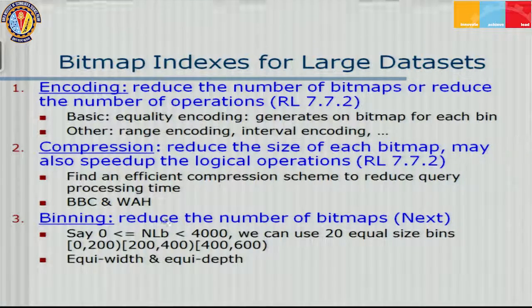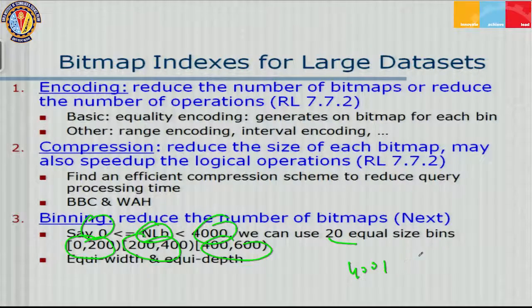Suppose there is an attribute NLB and it has values from 0 to 4000. Instead of creating a bitmap for each distinct value, we create a bitmap for a range of values like 0 to 200, 200 to 400, 400 to 600. Like this we'll have 20. Suppose there are 4001 distinct values, from 0 to 4000.